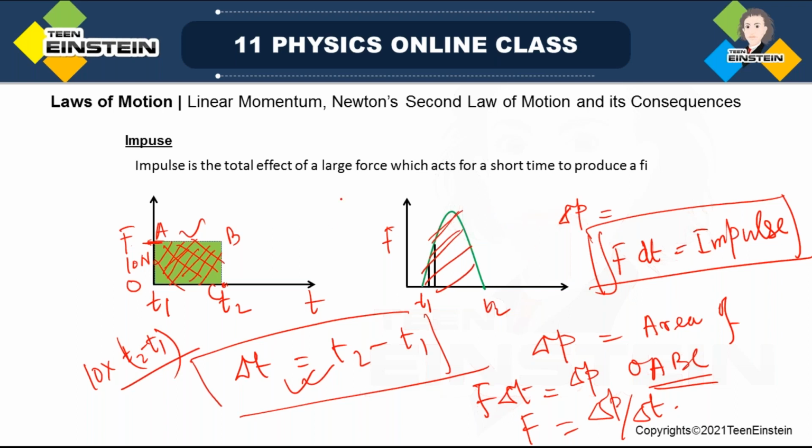So what we have learned today: what is linear momentum, and how it is related to the second law of motion. The time rate of change of linear momentum is proportional to the external force. That was the statement, and the change in the linear momentum happens along the direction of the force itself.